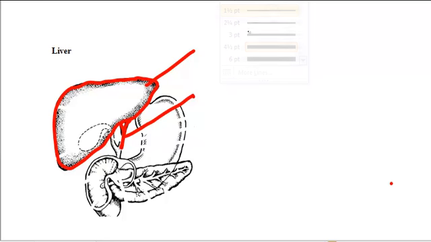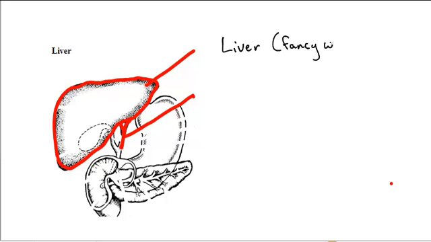And you'll often hear when people refer to the liver, the fancy term is hepatic. And if you get hepatitis, the reason it's called hepatitis is because it is an infection of the liver.